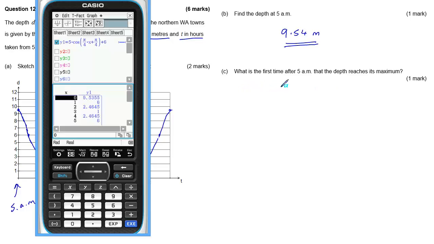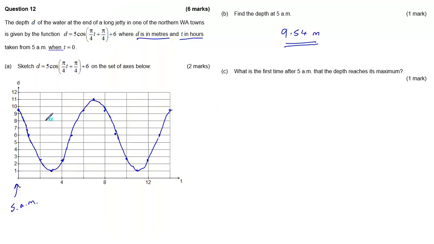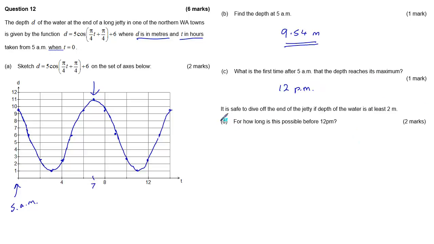What's the first time after 5 am that the depth reaches its maximum? So the maximum is just here, and that's happened when t is 7. So that would be 12 o'clock midday, which of course is 12 p.m. It is safe to dive off the end of the jetty if the depth of the water is at least 2 meters.